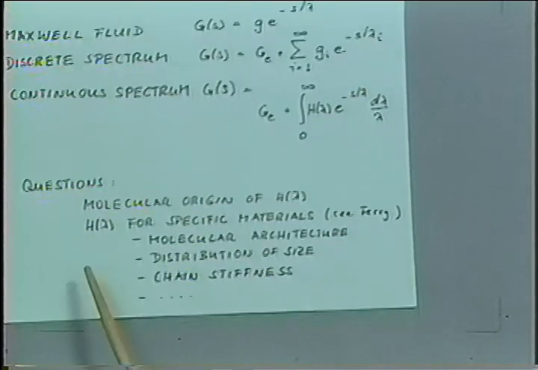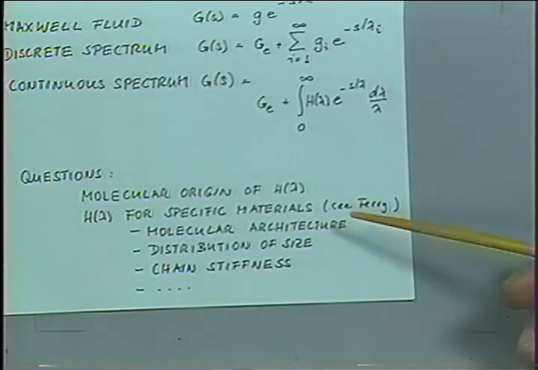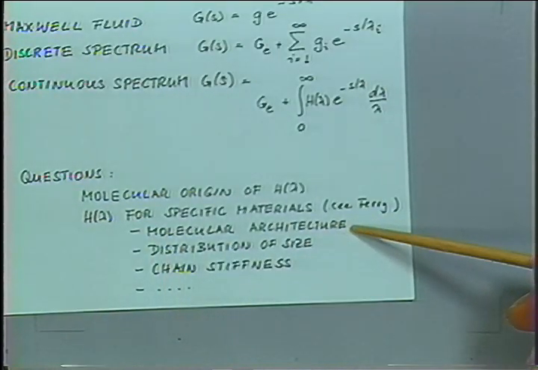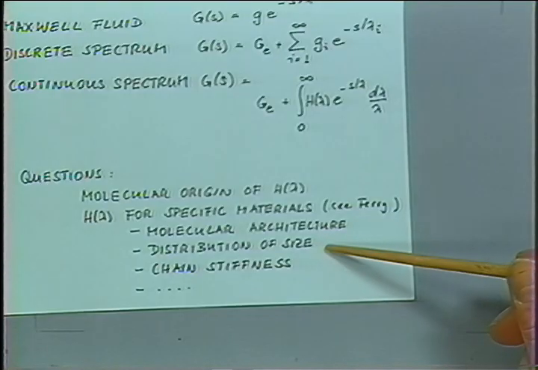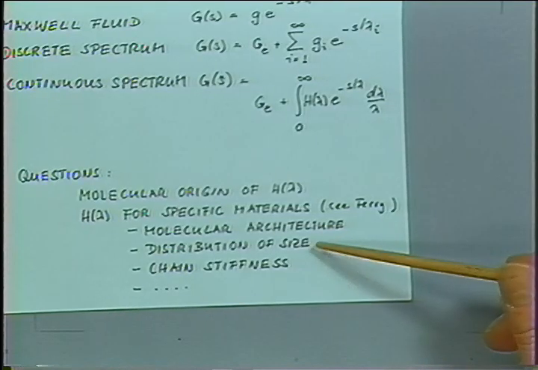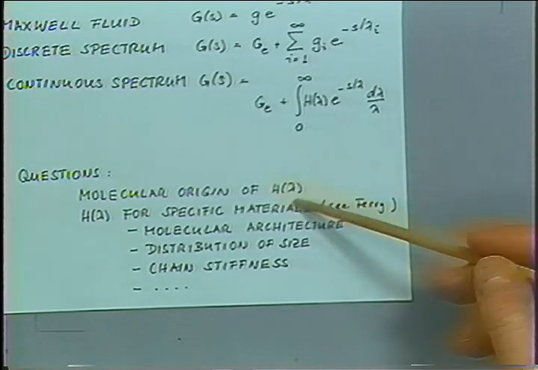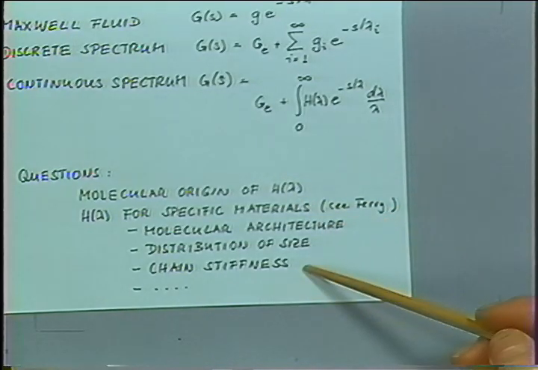So we would like to know h of lambda for specific materials, depending on the molecular architecture, distribution of molecular sizes, blending rules, for instance. The molecular weight distribution has a very sensitive, very large effect on h of lambda. Chain stiffness would change h of lambda.